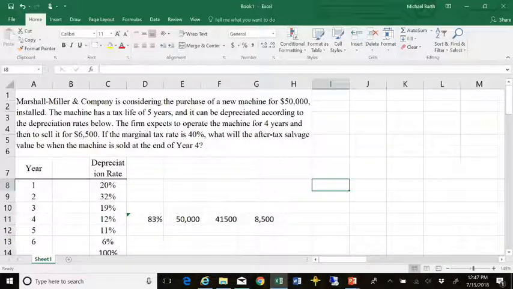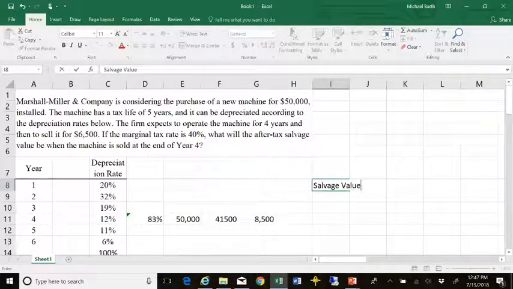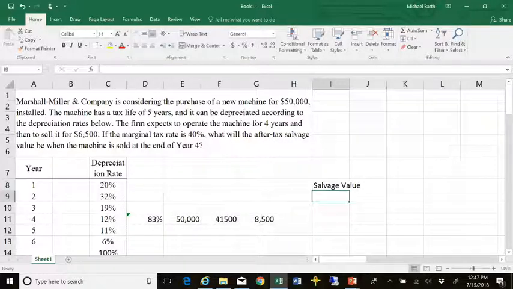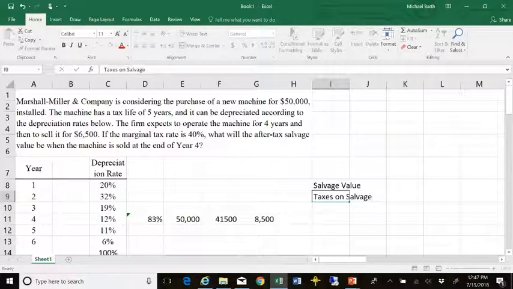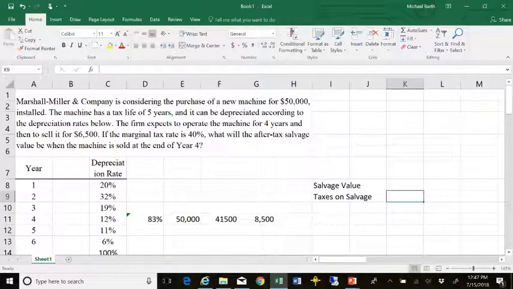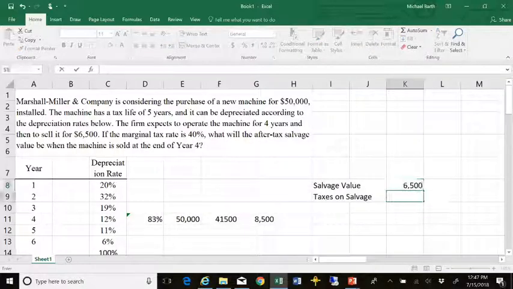Alright, so the after-tax salvage value would be whatever the salvage value is, plus the taxes on salvage. Alright, so the salvage value, they think they can sell it for $6,500.